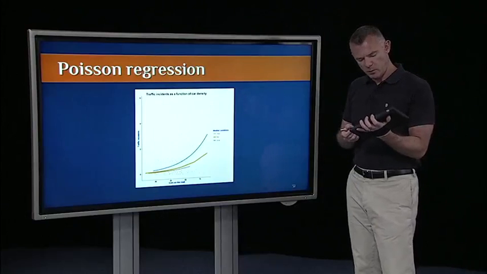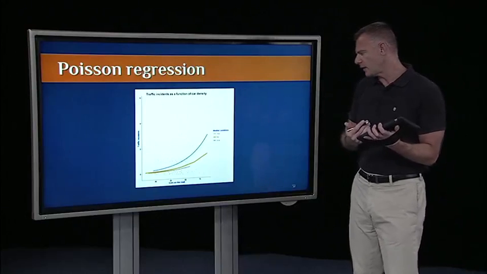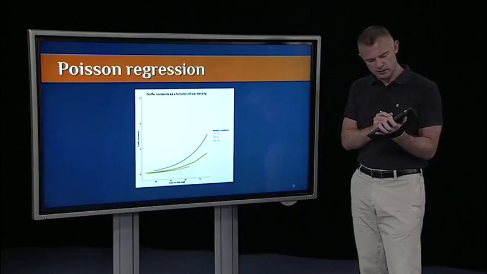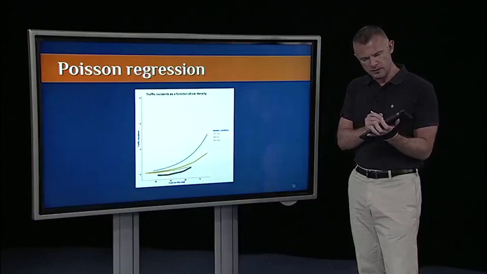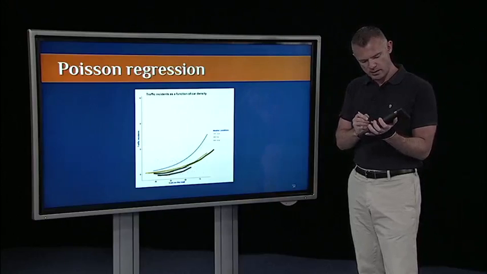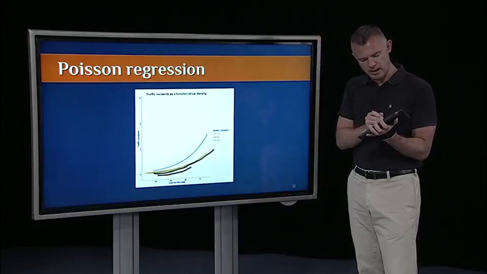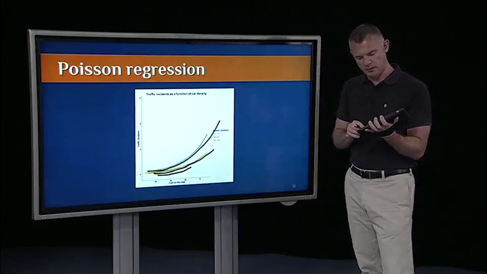In this example, we're looking at the number of traffic accidents as a function of weather conditions. When it's clear, there's not many, but when it's raining, there are more. We're counting them over time. That's the Poisson distribution. And in the snow, there's even more, and over time, they accumulate even further.